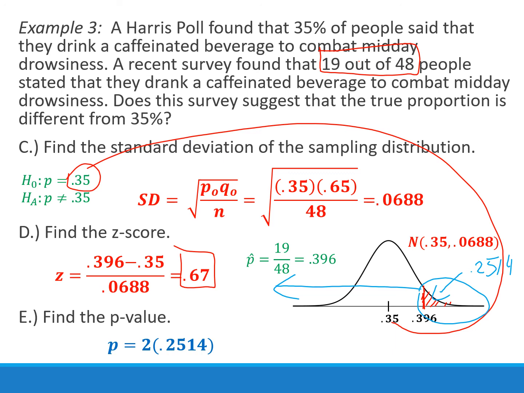When it's saying not equal to, it's really both of those together, which means we're going to take that right tail and mirror it on the other side. So this 0.2514 that we got on the right side, we also have over here. So we're just going to double that: 2 times 0.2514 gives us our actual p-value of 0.5028.